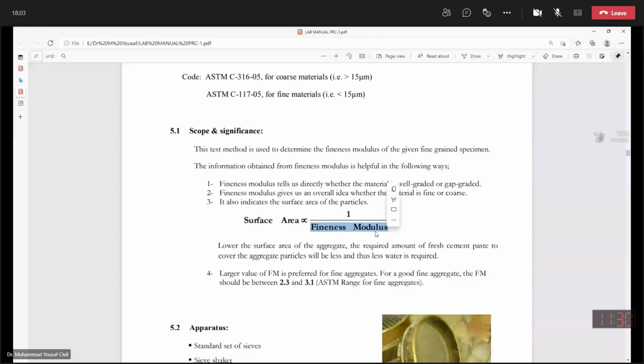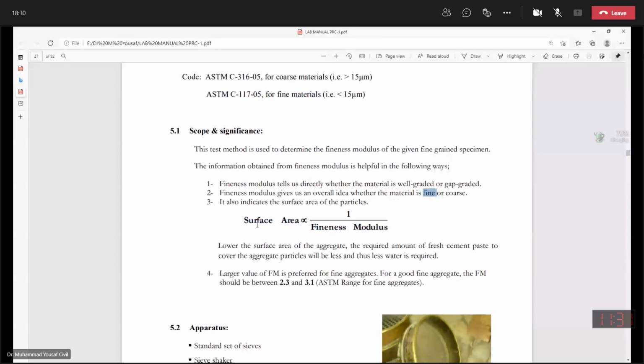Am I right? Yes, sir. Surface area is more, so fineness modulus is less. अगर ये लेस है तो हम क्या कहेंगे कि मटेरियल इज मोर फाइन. Material is more fine. So there is a reciprocal relation, very similar to this one.